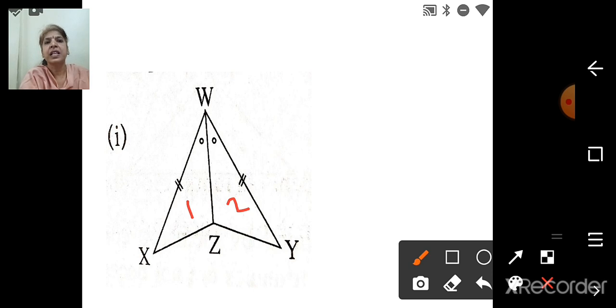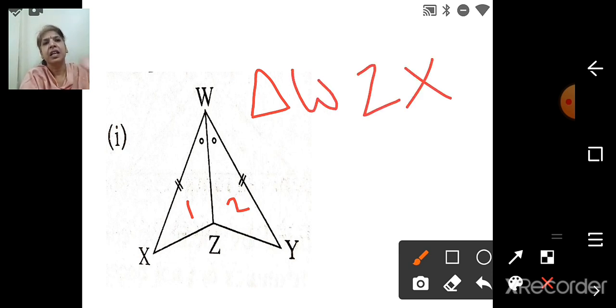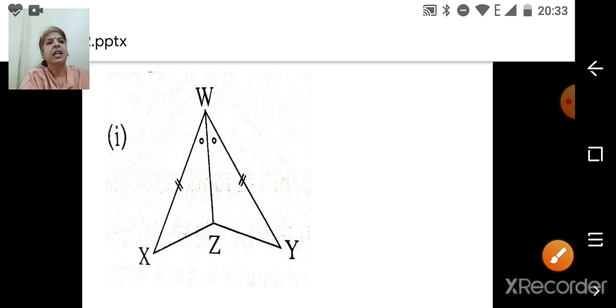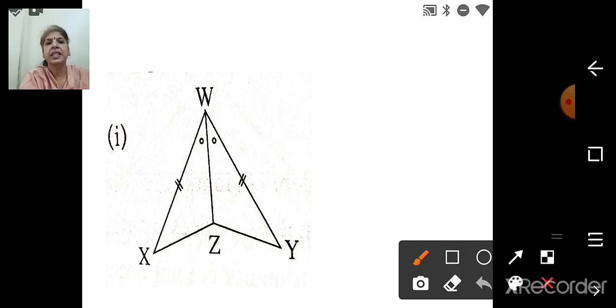First triangle is WZX, and the other is WZY. Side WZ is common. So the name of the first triangle is WZX. Another one is WZY.